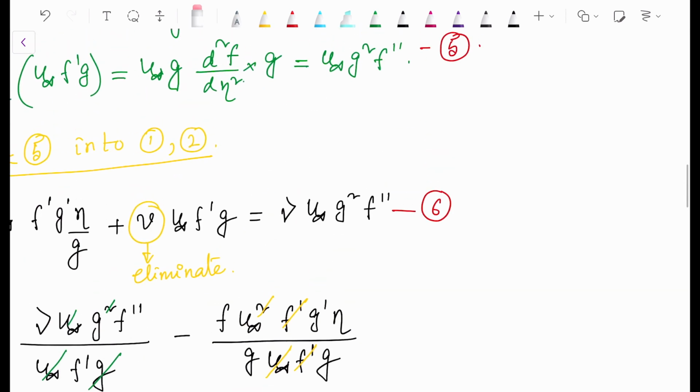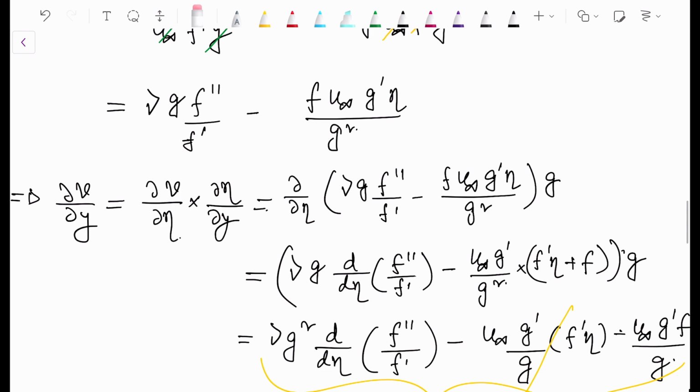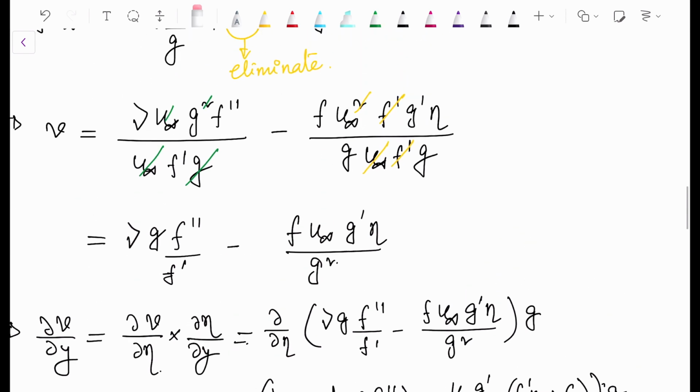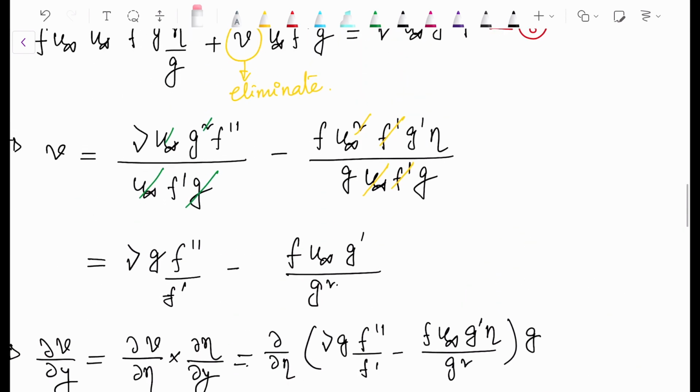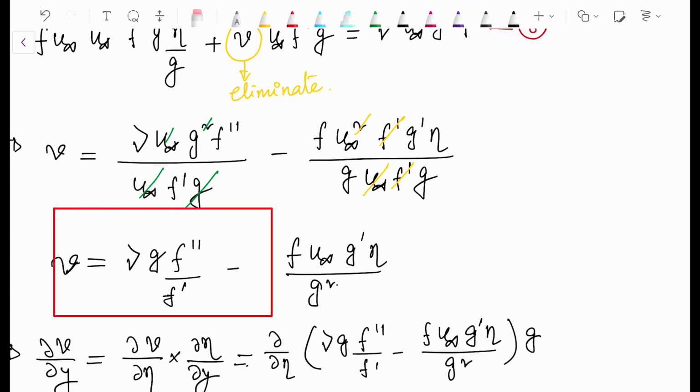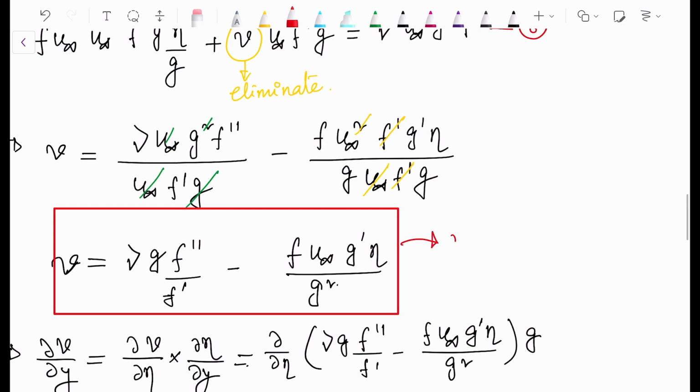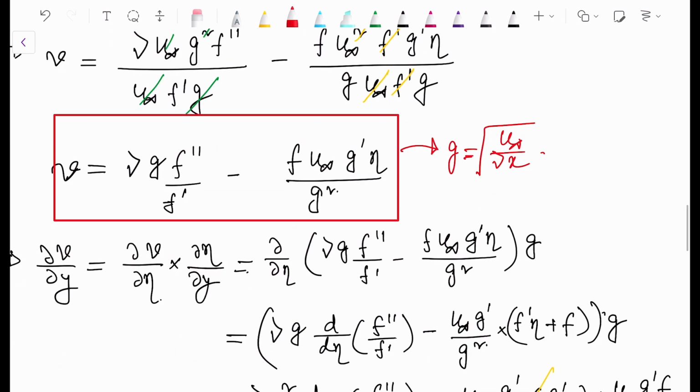That was v equal to this. So just put here g equal to root over of u infinity by nu x, and come up with a transformed expression of v.